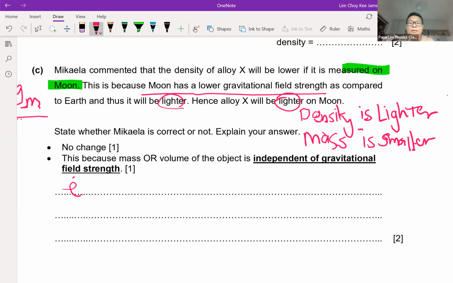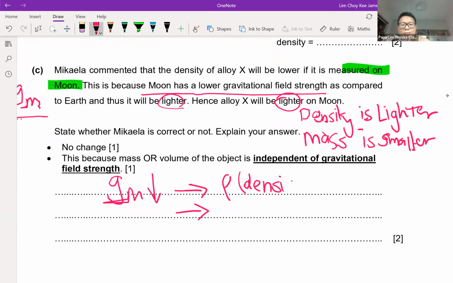Either way it is not true, because on the moon, even though the gravitational field strength is lower, gravitational field strength has no impact on density. This is the symbol for density. And it also has no impact on mass. Why? Because mass is the amount of matter in the object.